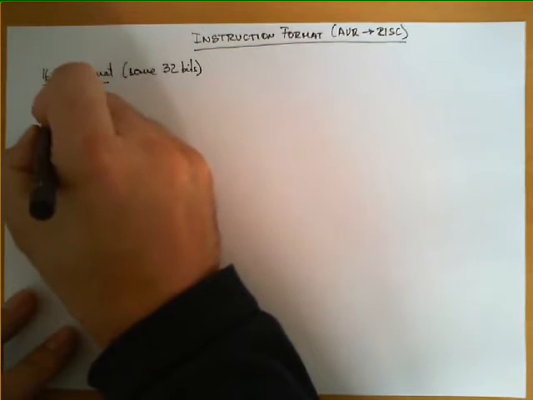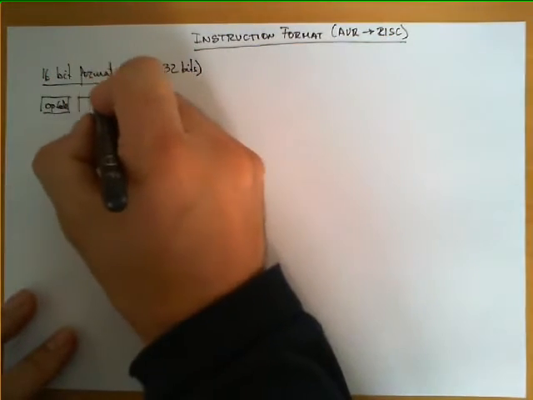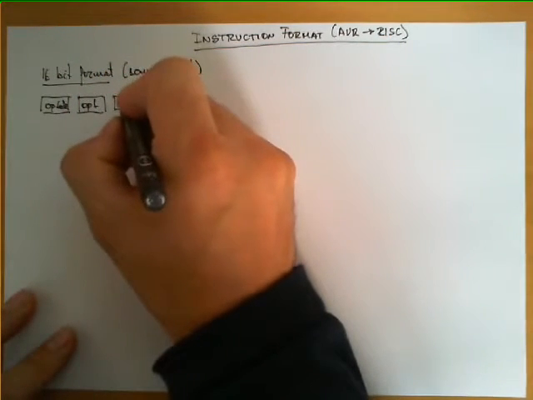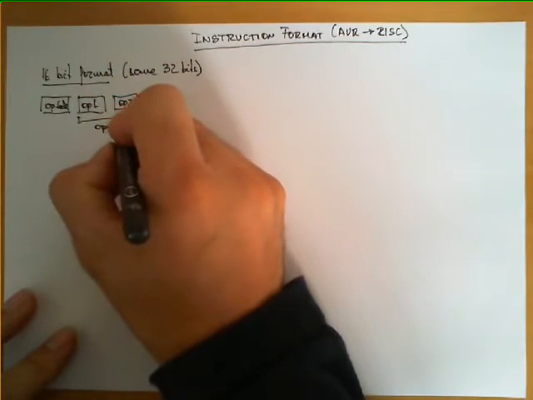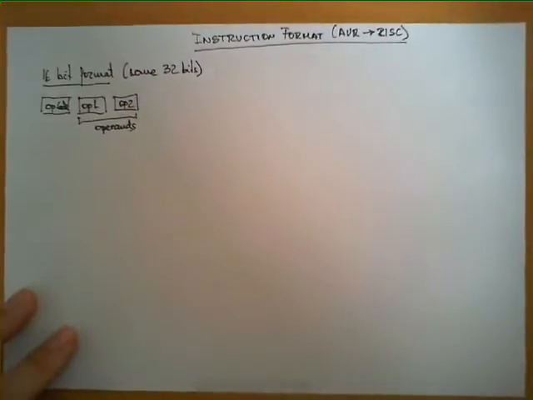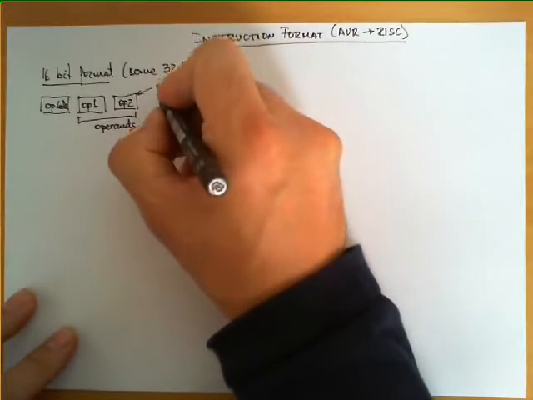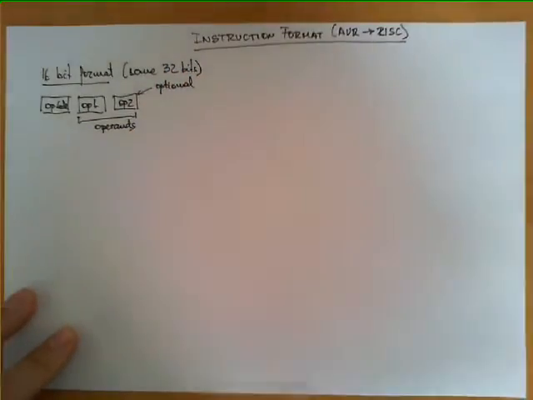There is an operation code that tells us what the instruction is going to do, and then typically one or two operands, never more than two. So these are the operands, and this is the operation code. This second operand in some instructions is optional and is not present.